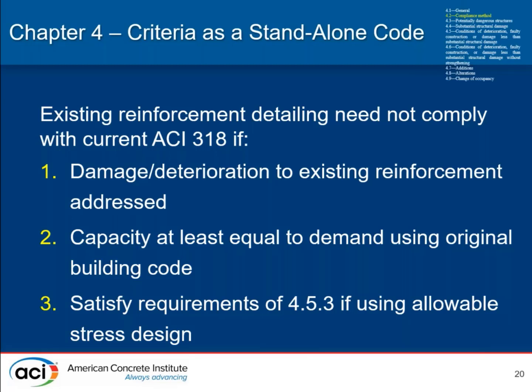And if your original building code is an allowable stress design based code, then you need to satisfy the requirements of 4.5.3 to use original building code criteria to detail repairs.